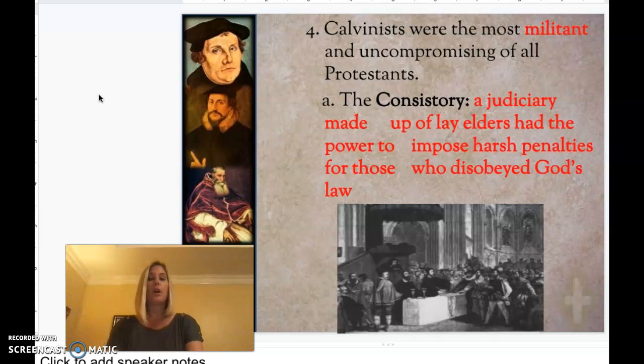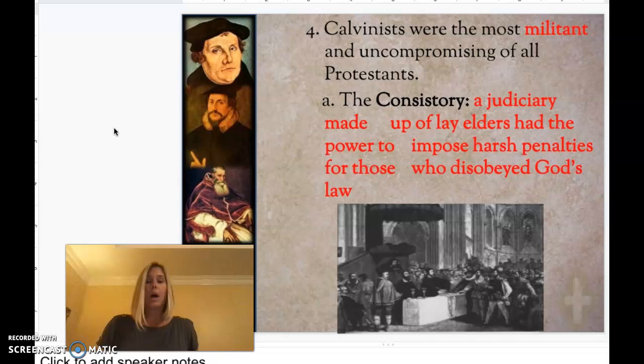And when I say harsh, I'm talking people would get beaten, and there was possibly even death, depending on the severity of the disobedience.